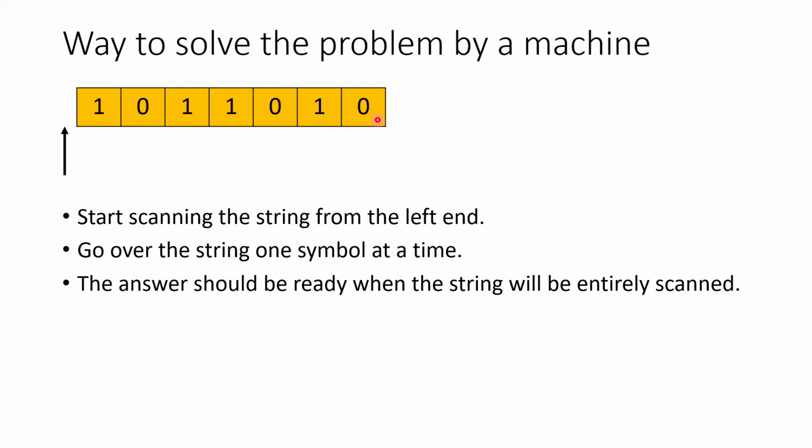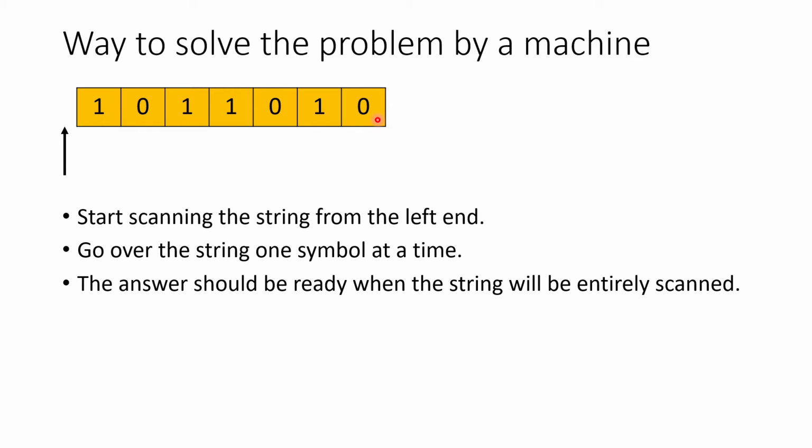If your state of mind says that you are on an odd number of zeros, then the string should not be accepted. And if your state of mind says that you are on an even number of zeros, then that particular string should be accepted.